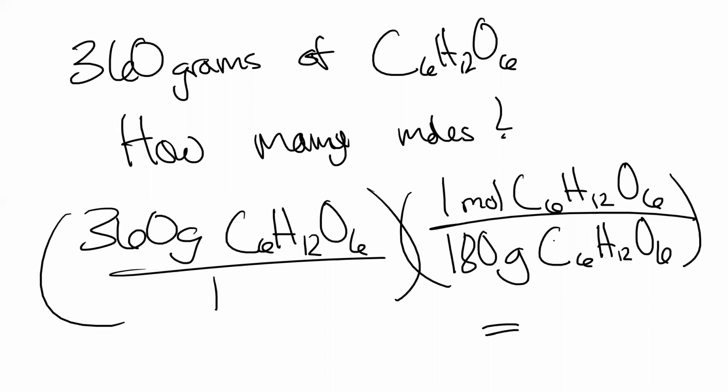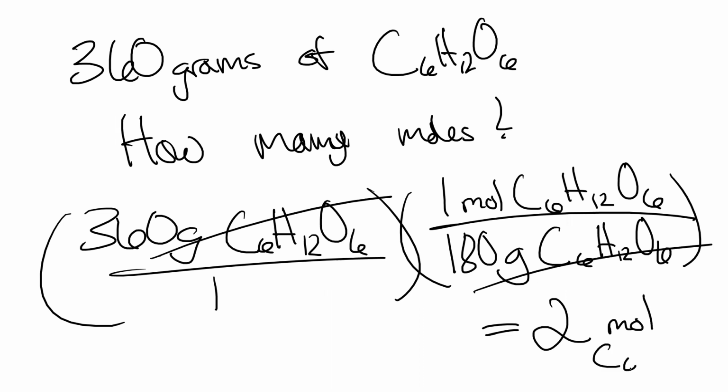You can see that grams of C6H12O6 cancel. Then it's 360 divided by 180, giving me 2 moles of C6H12O6.